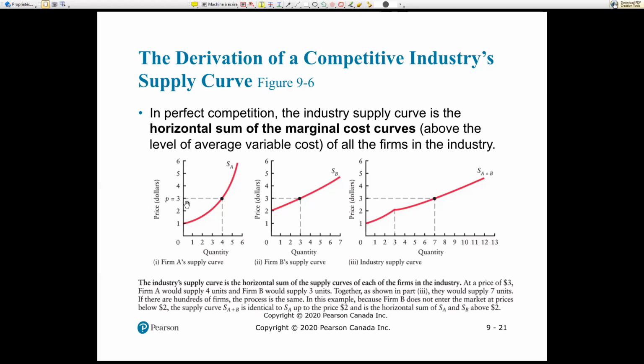If it's 3, for instance, then the first firm is going to produce what? 4. And the second firm is going to produce how much? 3. And then what is the aggregate supply curve of the whole industry? Well, you don't add up the prices, you add up the quantities. So the total quantity produced will be 4 plus 3 equals 7.